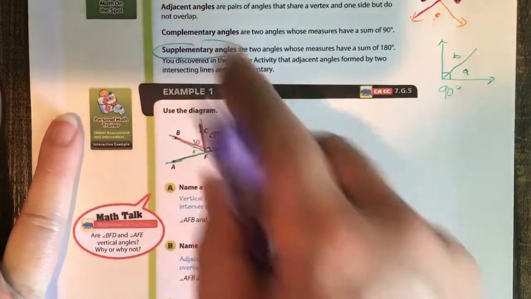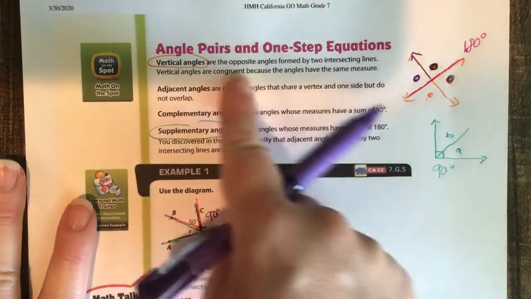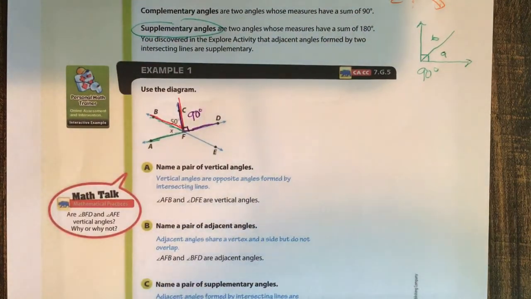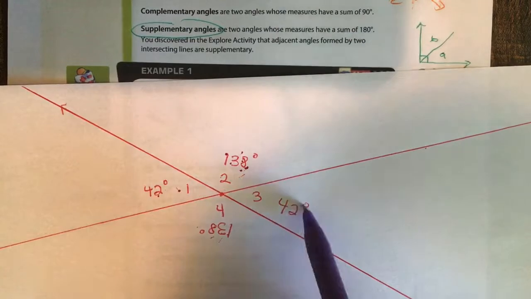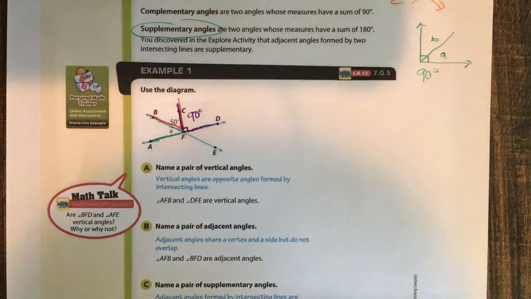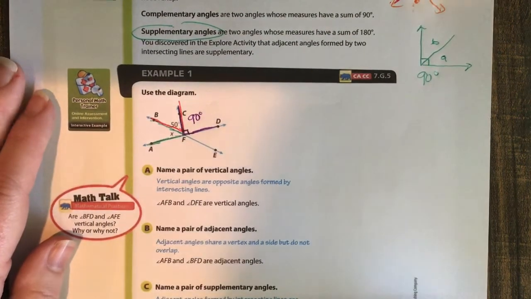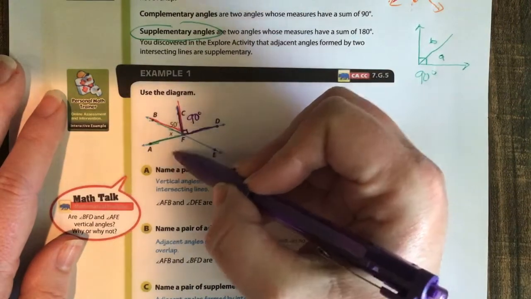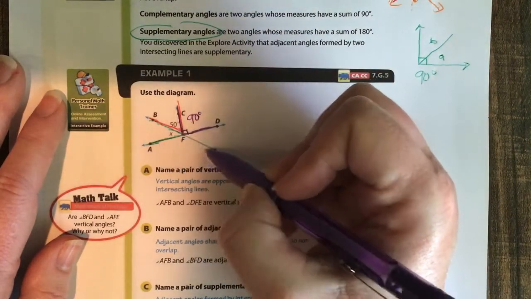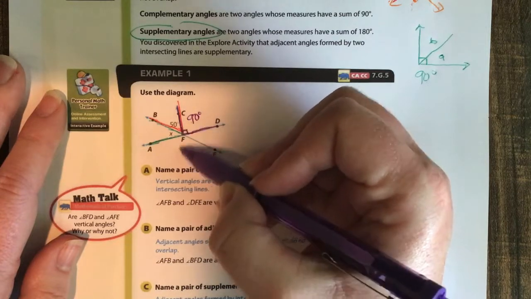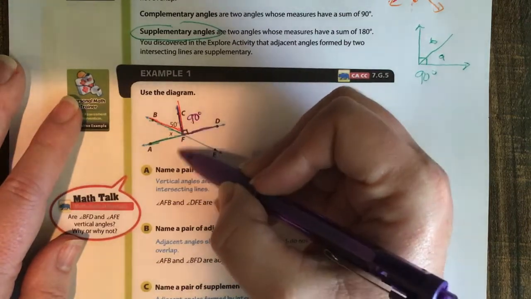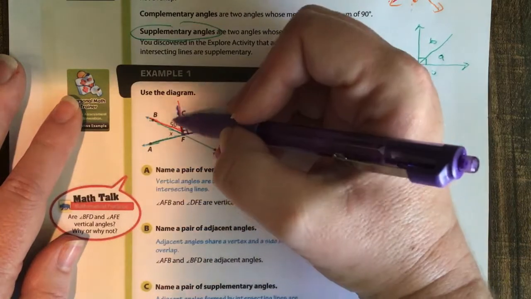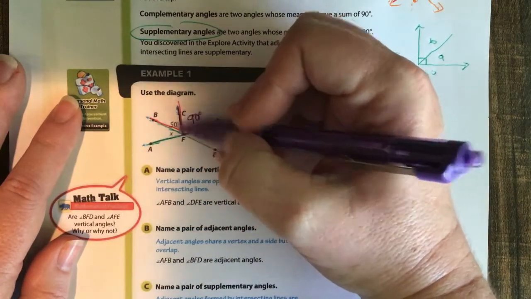Remember, vertical angles, going back up here, vertical angles are our opposite angles, right? We're looking for opposite angles. So let's name a pair of them. I only see one pair of opposite angles. Because if I look at this angle, there's this angle which is across from it, but it's not the same size. You can tell that they're not congruent. This one and this one, again, we don't have opposites.